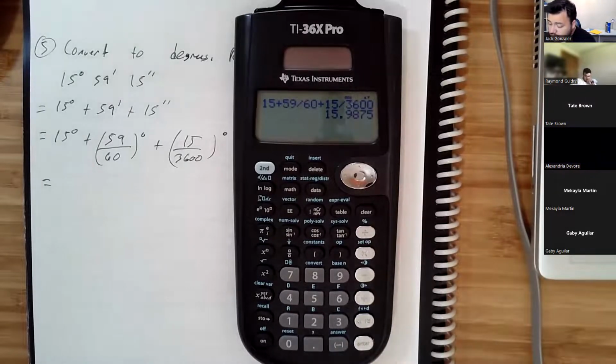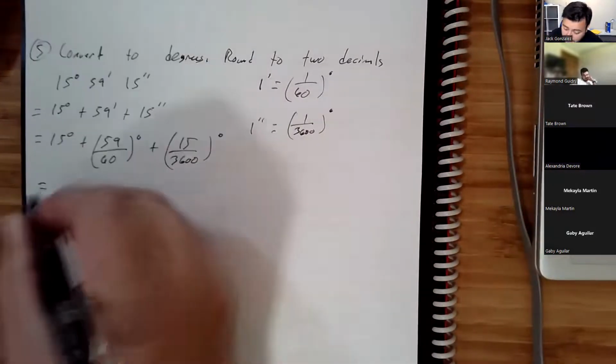So it looks like rounding to 2 decimals would be 15.99. So D, right?